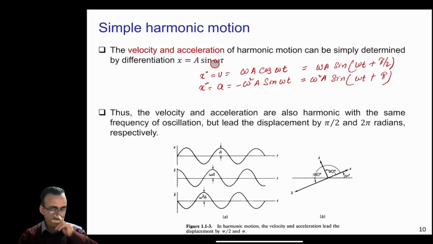So we can say that these are also harmonic functions, because we represent them by sine and cosine functions, with the same frequency, but they lead the displacement by pi by 2 and pi radians. So as you can see here, the displacement is a sine omega t, and velocity is sine omega t plus pi by 2.